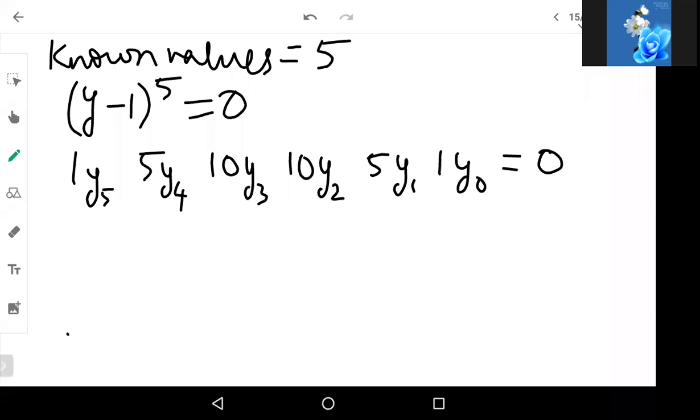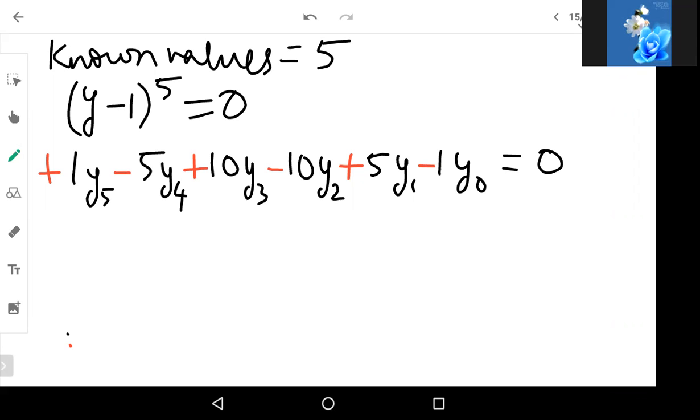Are you all able to follow, or do you want me to repeat this part once again? Good. Now coming to the sign, you have to start from plus. So plus, minus, plus, minus, plus, minus.